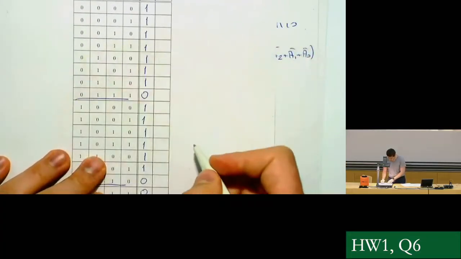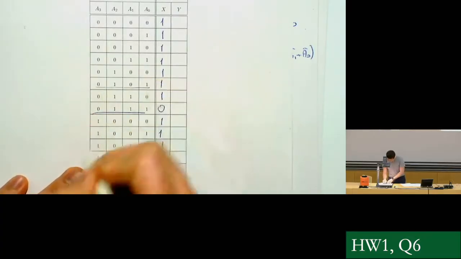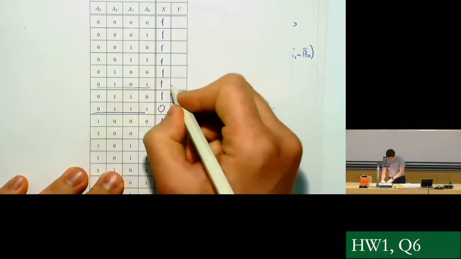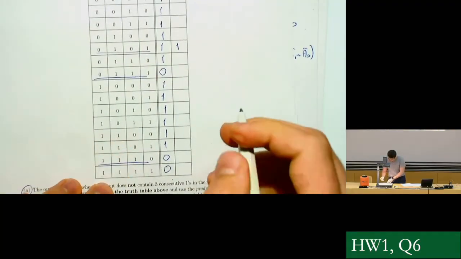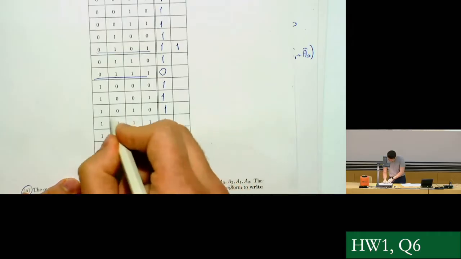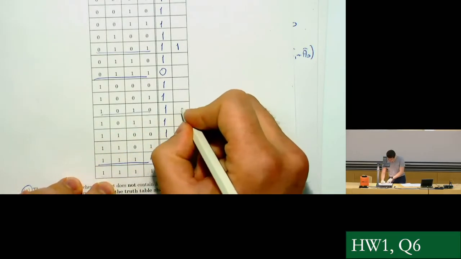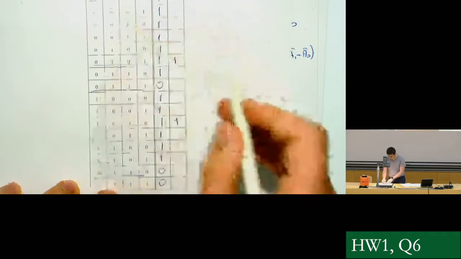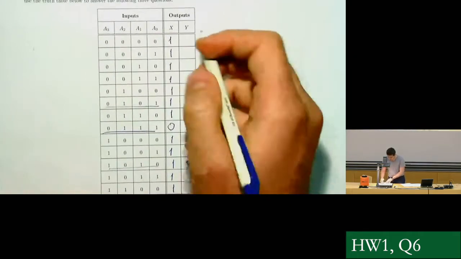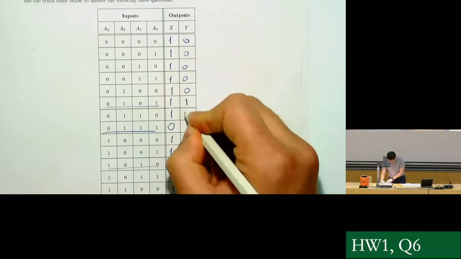So here I don't have any adjacent inputs equal to each other, so this should be 1. And here, I also don't have any adjacent inputs equal to each other, so this should be 1. The rest should be 0, because for the rest of the cases I will have at least two adjacent inputs equal to each other.